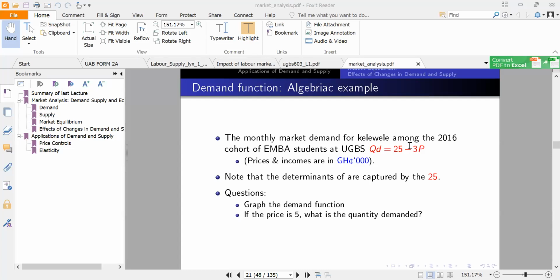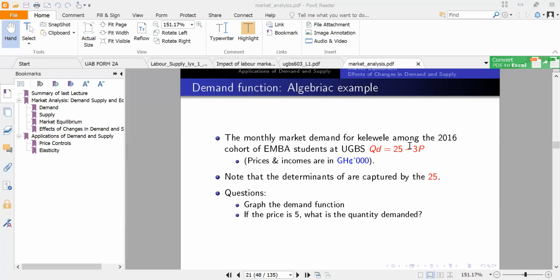Yes, Erasmus. I wanted to find out how we model the equation, because this is particular to this instance, clearly among the 2016 cohort. So how do we model for other instances? For your own product, you can do a market survey.